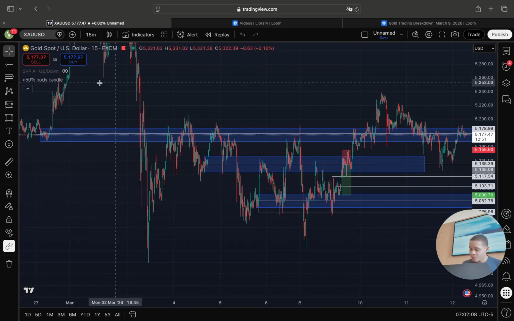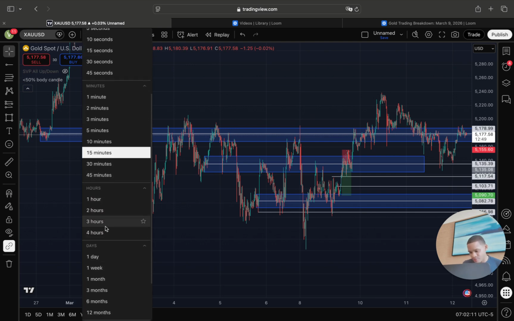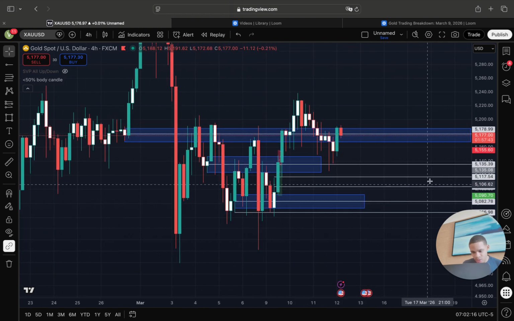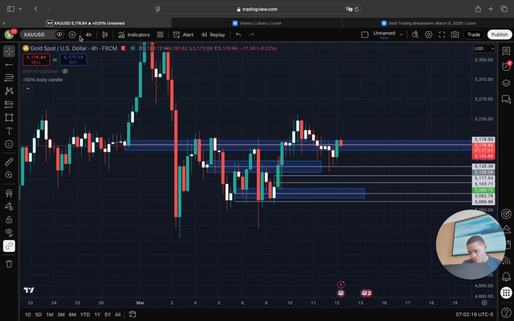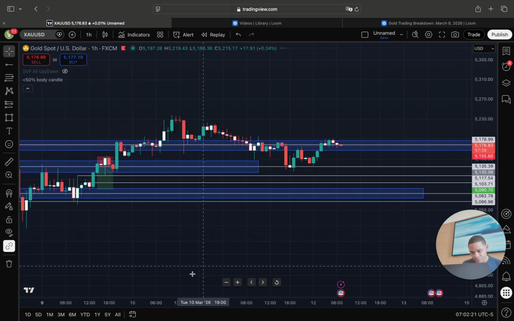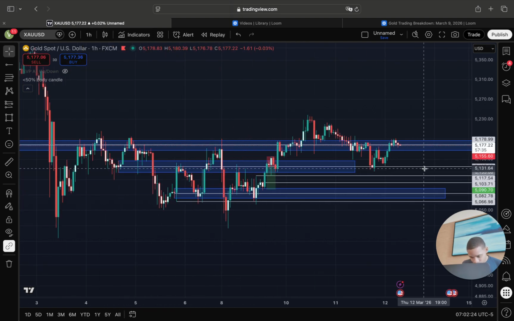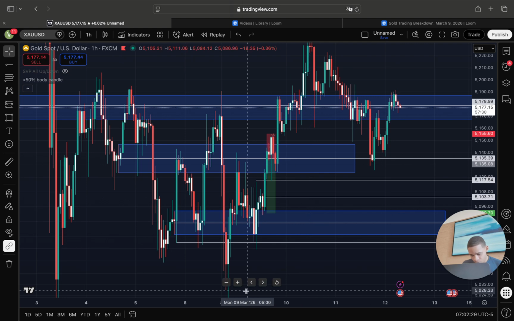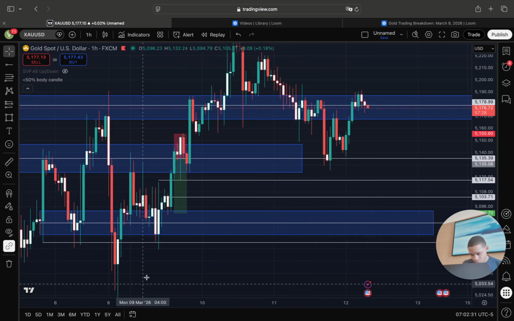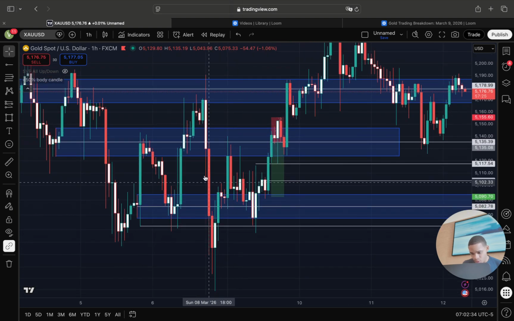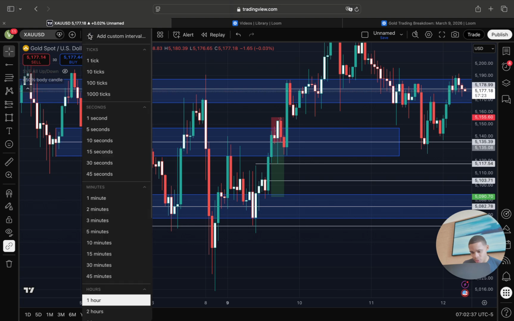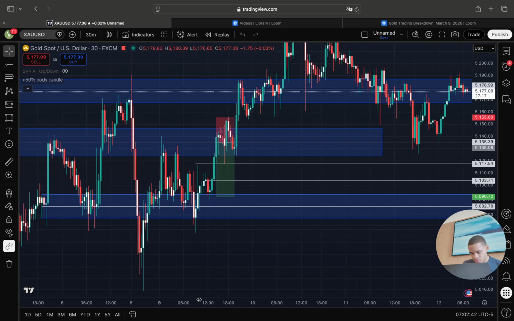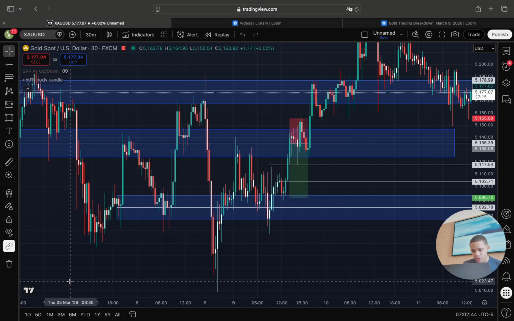But where did we make our mistake? If you can see right here on the 1 hour time frame, and I do think we need to go a bit lower in time frame to spot the mistake. Yeah, so now we're looking at the 30-minute time frame.